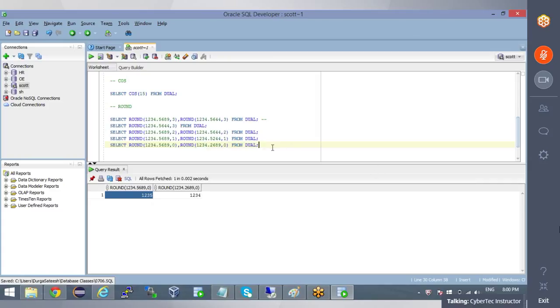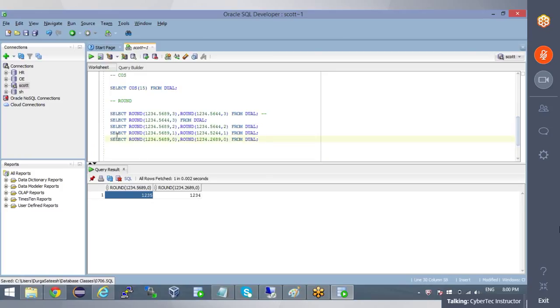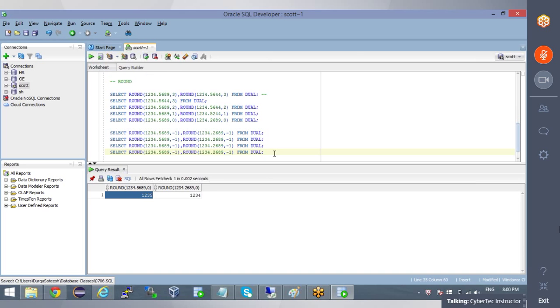Okay. Now, next set of inputs. What happens when I have the number of digits, or the second argument, given in the form of negative integers?